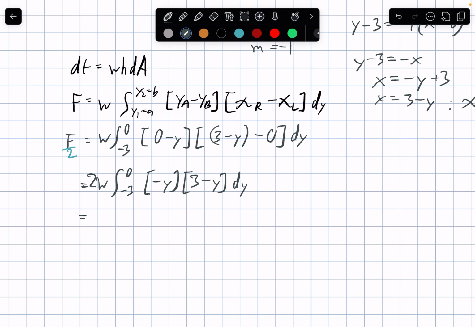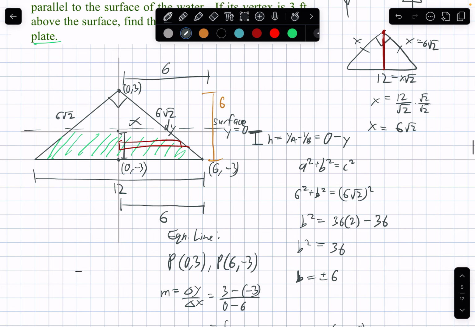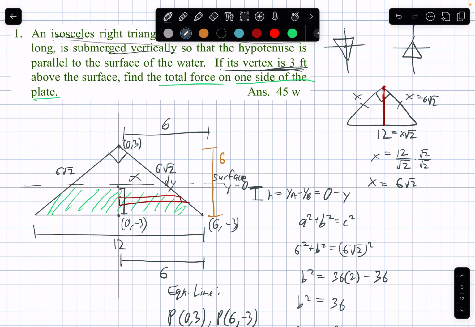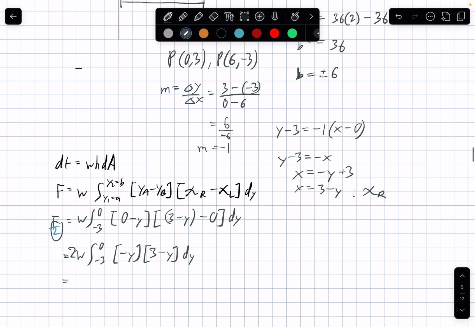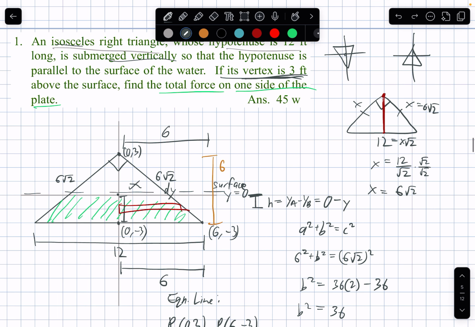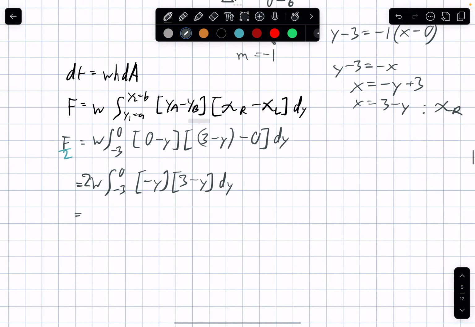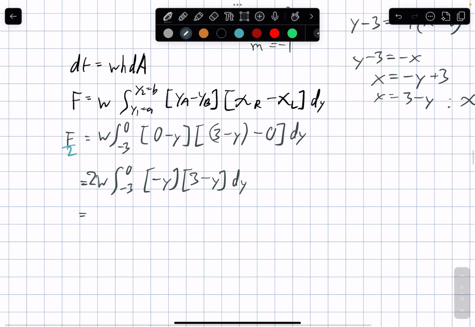That's going to account for the area or the force on this entire side. If we don't put divide by 2 here, that means we're only accounting for the force here, not here. So it's just common sense. 2w, 0, -3, -3y plus y squared dy. Okay, we're ready to integrate.